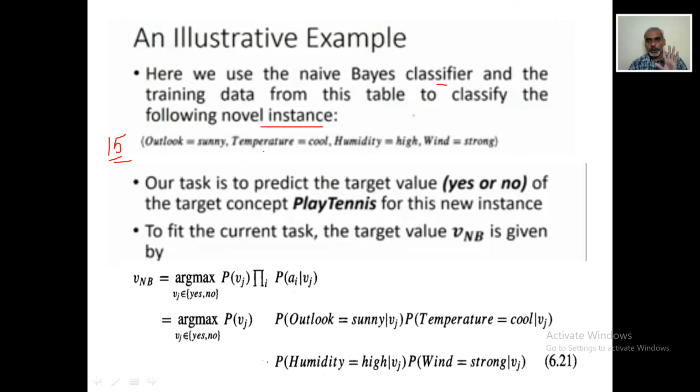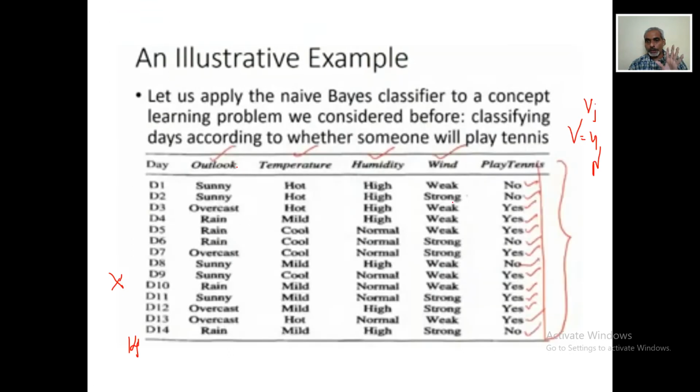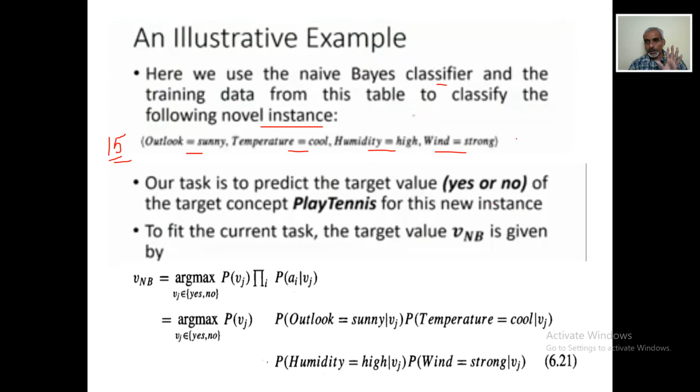Now what is that new example we are having? Outlook is equal to sunny, temperature is cool, humidity is high, wind is strong, right? Only this much, because we don't have the output here. The target is not there, whereas in these 14 examples, the target is there. This is our target, yes or no. Now you have to predict by applying the naive Bayes classifier.